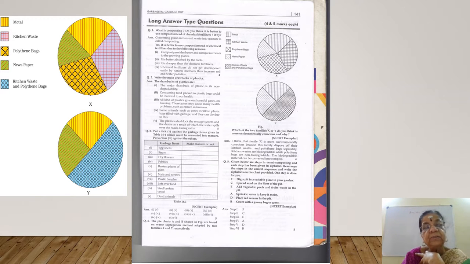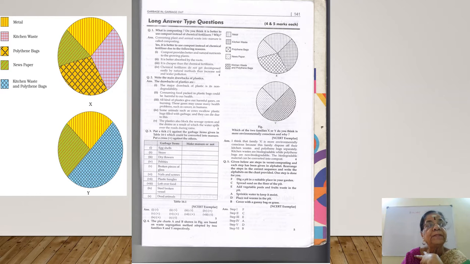They are generating garbage in this ratio. I repeat, there are two families X and Y. They generate garbage in this ratio in a pie chart.